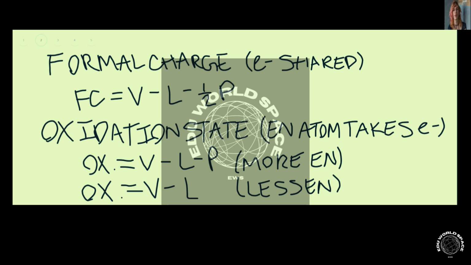And then the oxidation state for the less electronegative atom is just the number of valence electrons minus the number of lone pair electrons. So the difference between formal charge and oxidation state is that in formal charge, we assume electrons are shared evenly in a bond, but in oxidation state, we assume that the more electronegative atom is going to take all of the electrons in a bond.